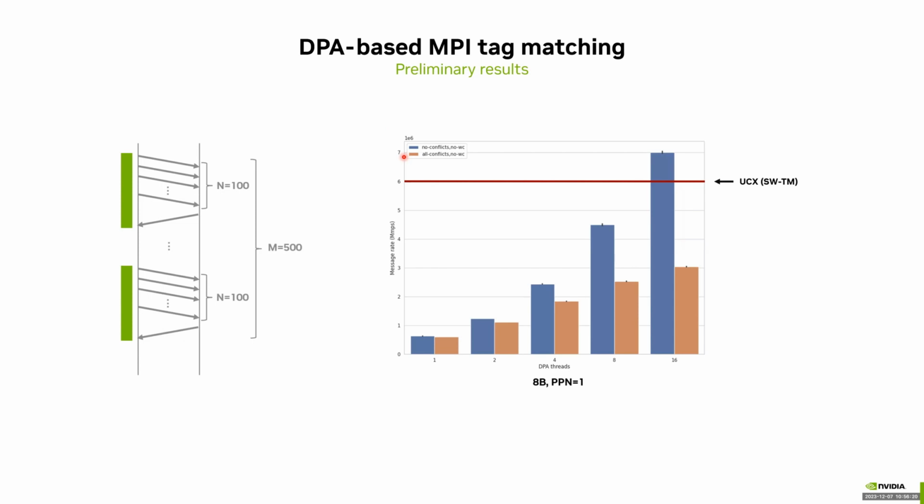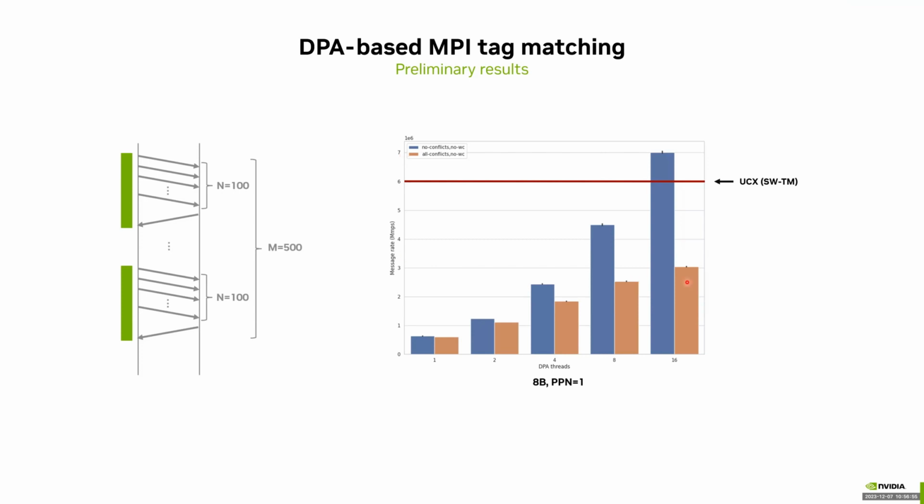So the idea for this preliminary result is to see that if we can get the message rate for small messages, then we should be able to get it also for larger messages, and then we will be bound by whatever other bottleneck is in the system. By system I mean the NIC DMA, the PCIe, or the memory bandwidth. So this gives us an indication of how good this parallelization is.